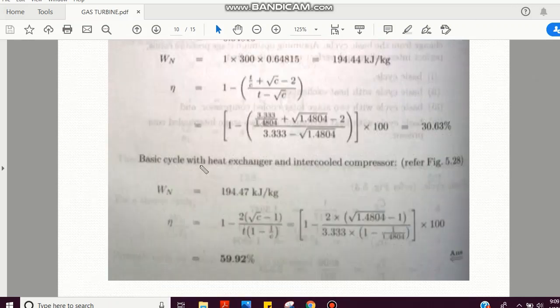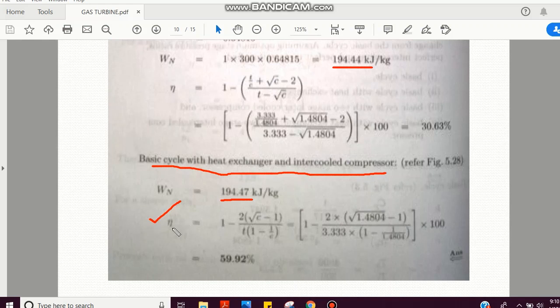Now the last one is the basic cycle with heat exchanger and intercooled compressor.